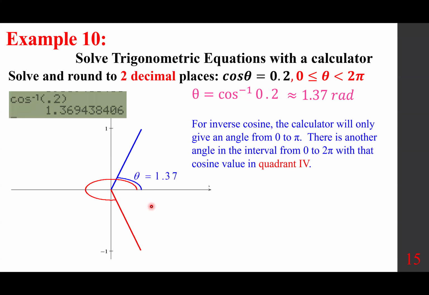In the fourth quadrant, 2 pi minus that. And now, of course, you put it into a calculator, and with 2 decimals, you end up with 4.91 radians, roughly. So that's pretty straightforward, everybody.